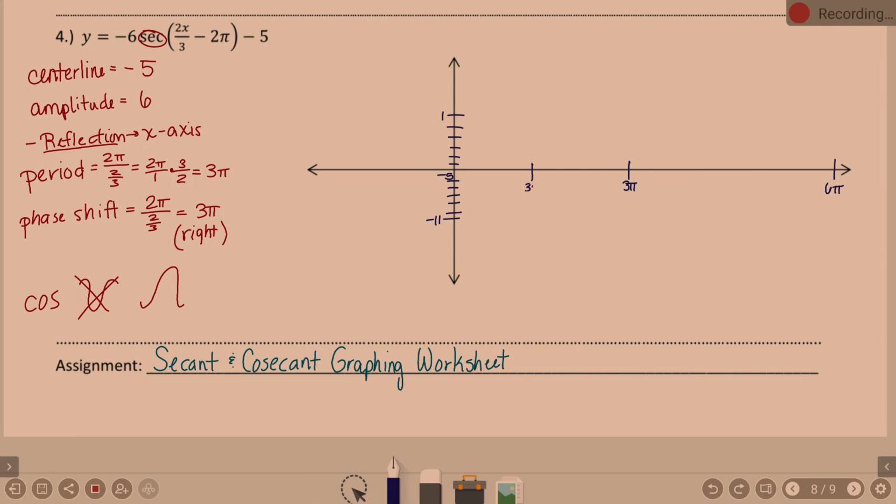Now, you also need to put in the middles of the middles. Middle of 0 to 1.5 is 3/4, but I'm not going to label that. So, 0 to 3 pi is broken up into 4 pieces.